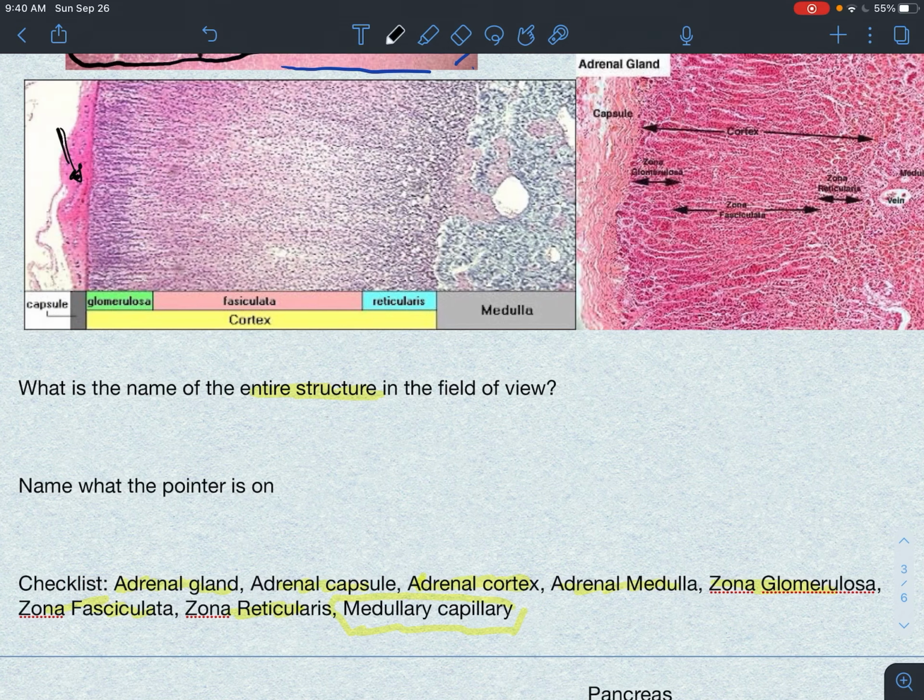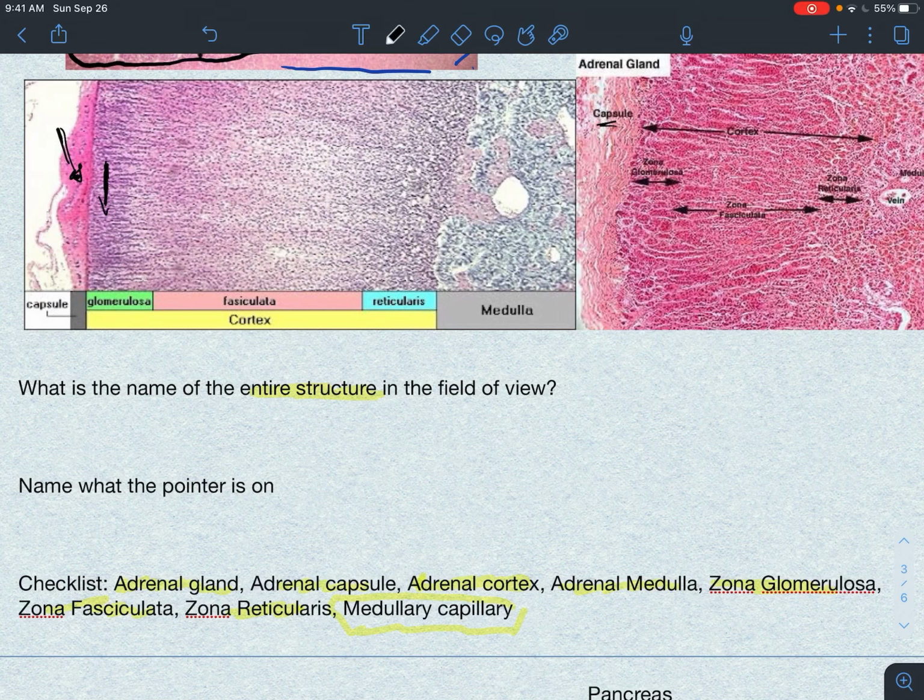Well, that would be... I'll let you think about it for a second. Yep, that's the capsule. Here, the same image is showing you the answer, right? That's the capsule. If I put the pointer right under the capsule, you can see how it stains pretty dark right under that capsule, so that's another giveaway.